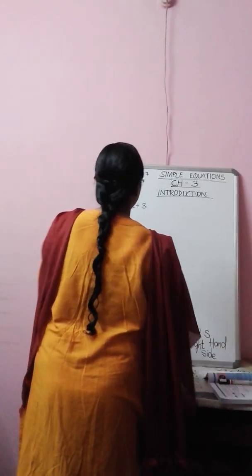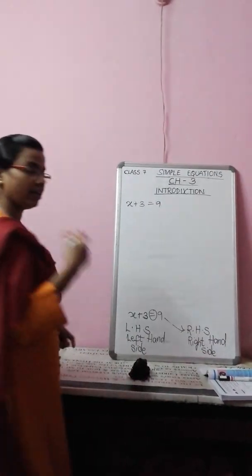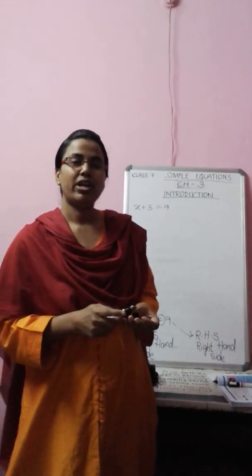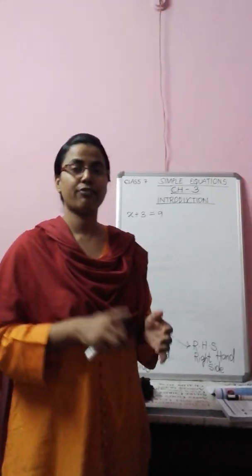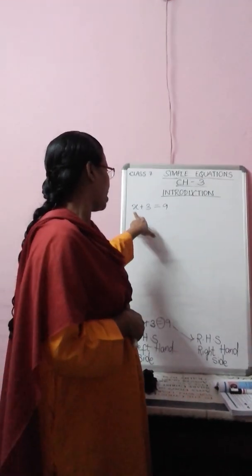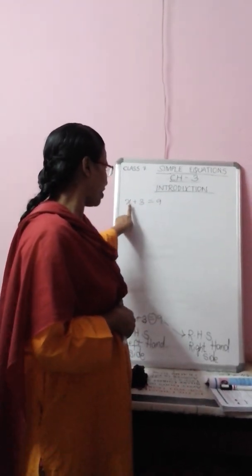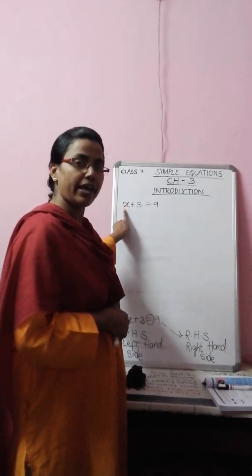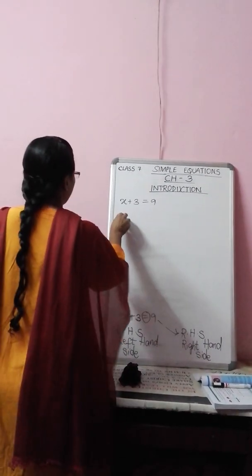This equation, x plus 3 is equal to 9. This one we have to find out. We have to solve and find out the x value. In the equation, we have to find what is the value of x. How to do? We have to substitute values.